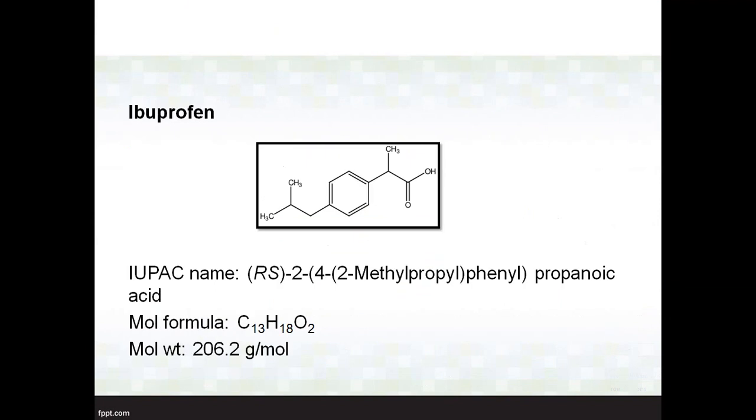So the drug whose partition coefficient we are going to determine is ibuprofen. You can see here the structure of ibuprofen. You can see its IUPAC name, RS 2-(4-(2-methylpropyl)phenyl)propanoic acid. You can see here 1, 2 and 3, that is 3 carbons and COOH, so it is propanoic acid.